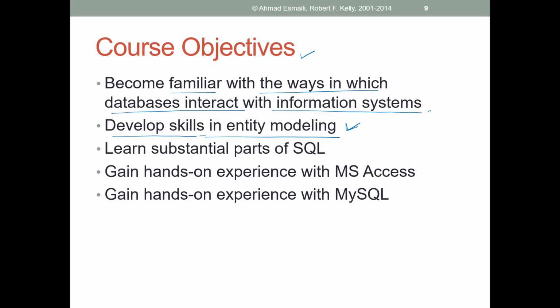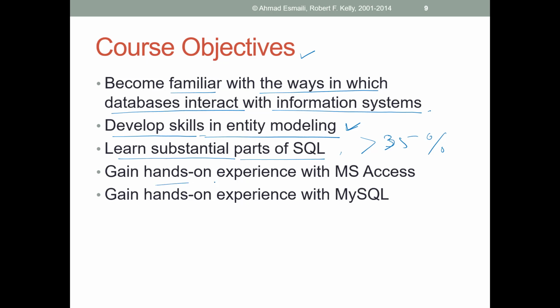We will start discussing what is an entity, how do we model, and why are they important in a database project. You will learn a substantial part of SQL. I'm pretty sure that more than 35% of our time will be spent in learning about SQL itself. It is so vast and so important.